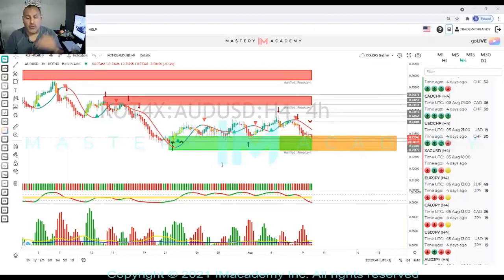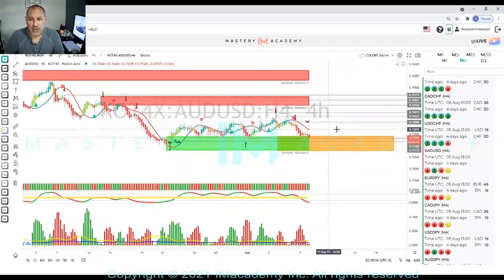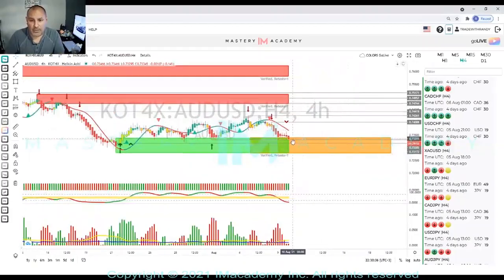Regardless of when the candle went in, am I understanding your question? I know that it went in 3 hours ago, but it hasn't made a decision. Price is still inside that box. So are you asking if it goes into that box and that green box goes away? Is that your question?